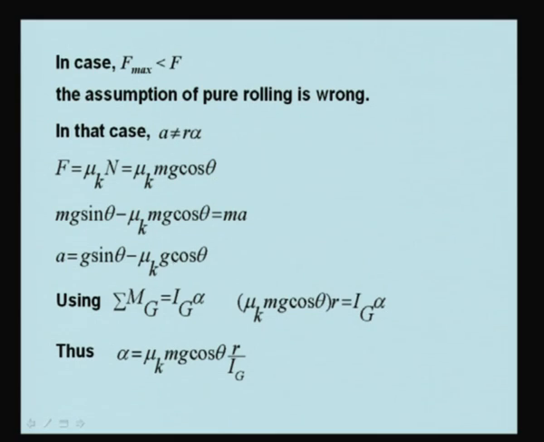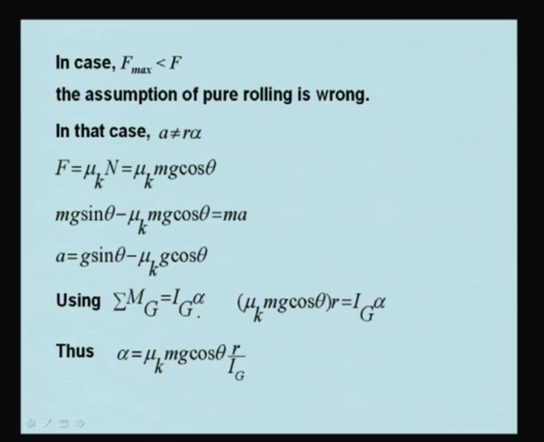Now you put this in the first equation: mg sin theta minus mu k mg cos theta is equal to mass times acceleration, so the acceleration will be g sin theta minus mu k times g cos theta.